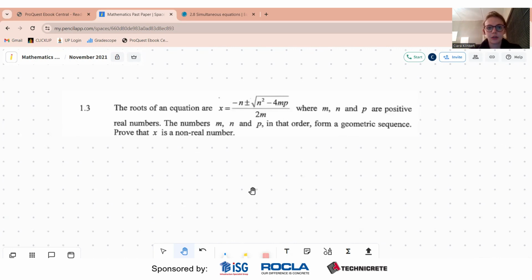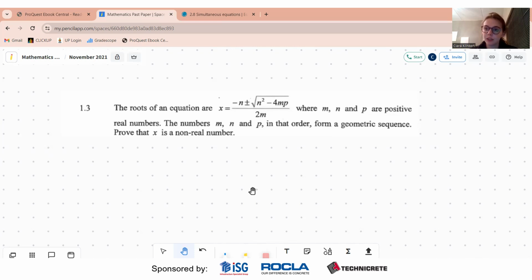The roots of an equation are given by x is equal to negative n plus or minus the square root of n squared minus 4mp, all over 2m, where m, n, and p are positive real numbers. The numbers m, n, and p in that order form a geometric sequence. Prove that x is a non-real number.